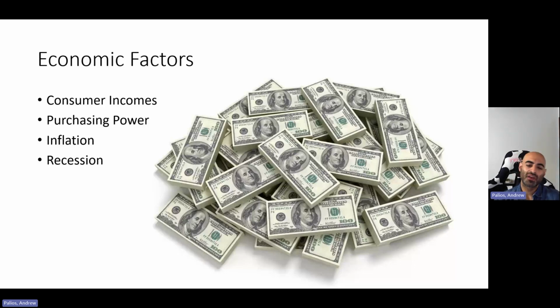Another economic factor to contribute to marketer or buyer decisions is inflation. So the measure of the decrease in value of money. For example, 5% inflation means you will need to spend 5% more units of money than you did the year before. Okay. You hear a lot of that going on now.